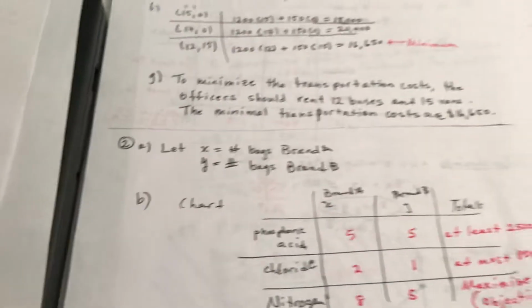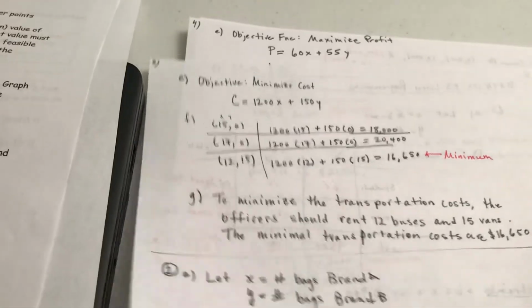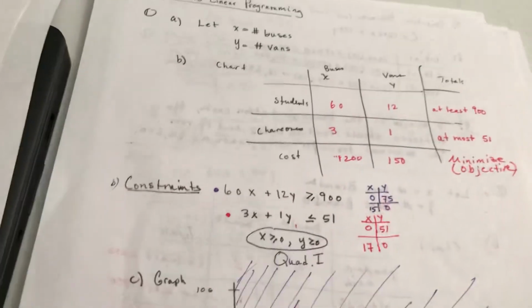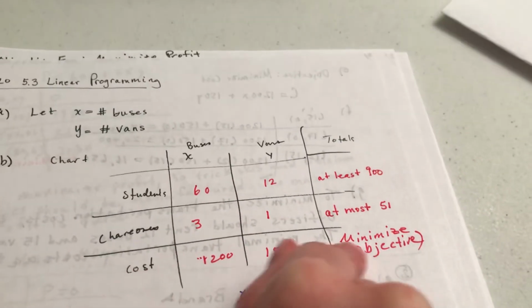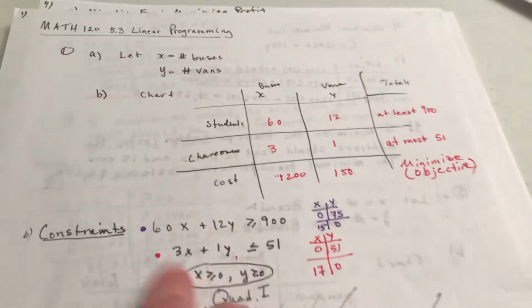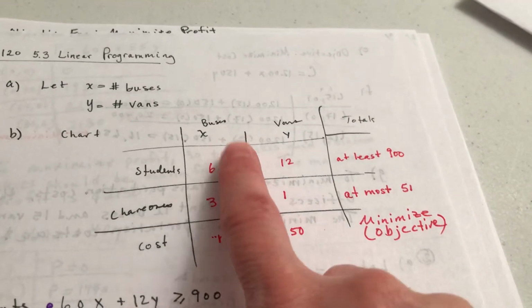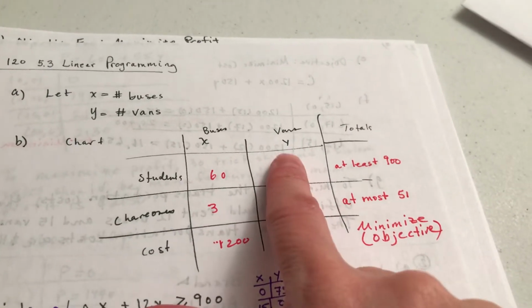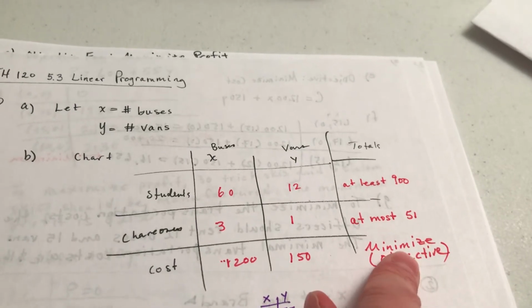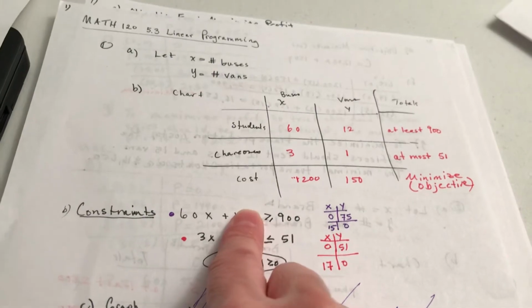If you remember, in this chart, we had a cost line that did not come into our inequalities. The cost was $1,200 for the buses, $150 for the vans, and that had to be minimized. So we didn't even include this in our constraints.